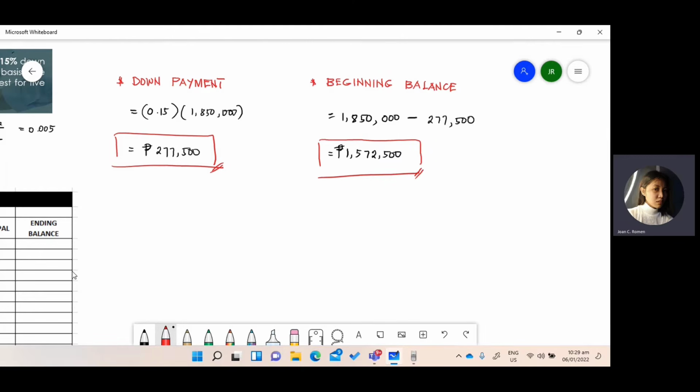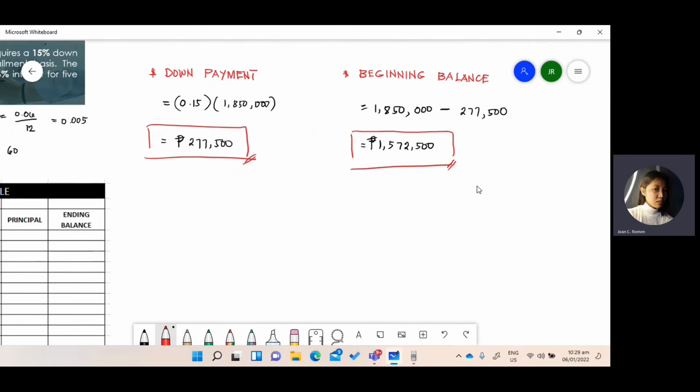Okay, so now, kung ito na yung pinakautang mo, which is 1,572,500, magkano yung regular payment? Or magkano yung repayment? Magkano yung babayaran mo monthly?